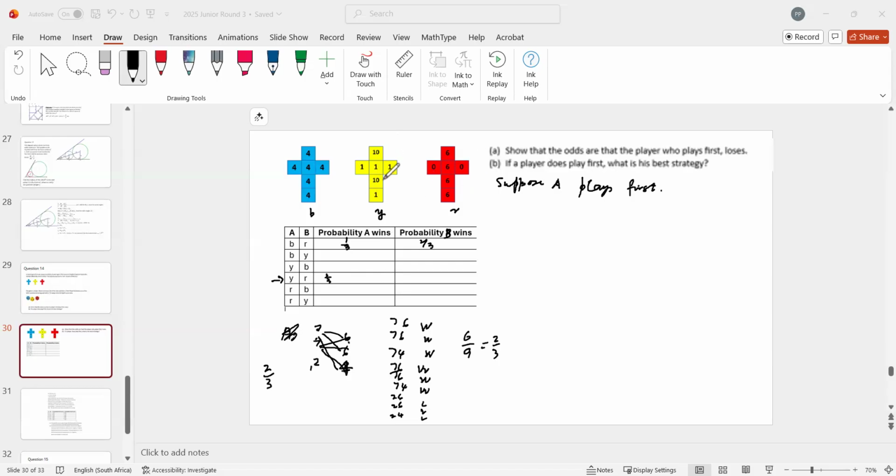So if he had a 10, it'll be 1/3 of the time. Now the thing is, 2/3 of the time he plays a 1. And the 1 beats the 0, you see. And the 0 occurs 1/3 of the time.